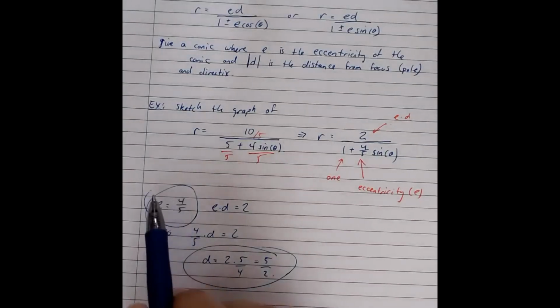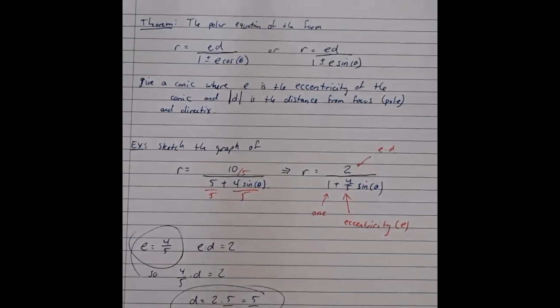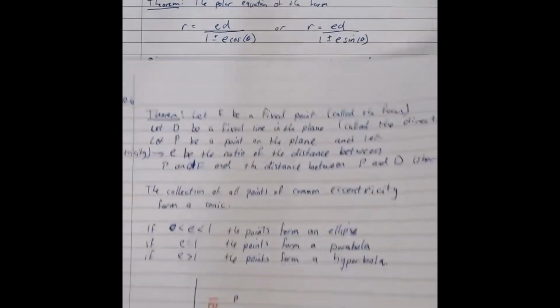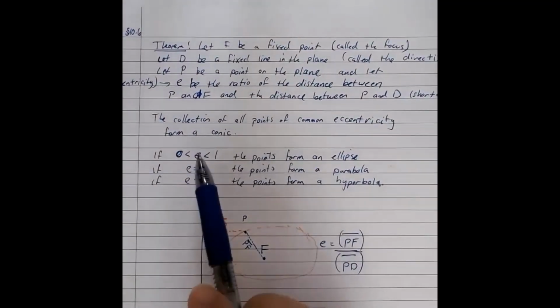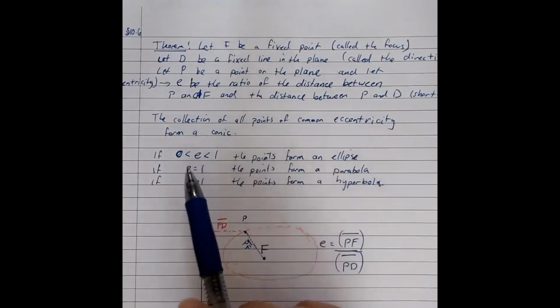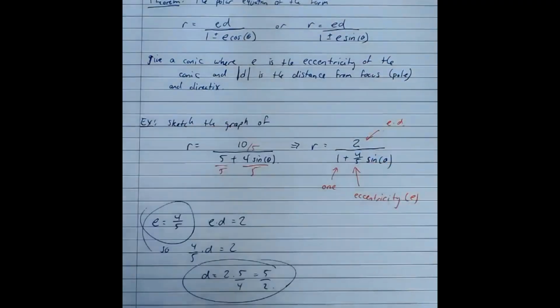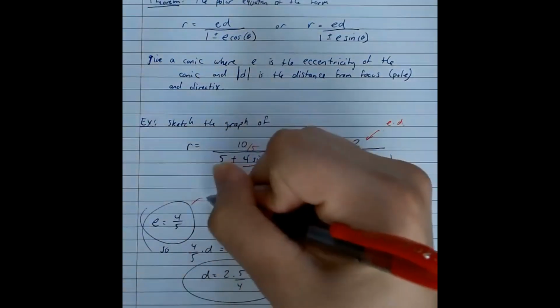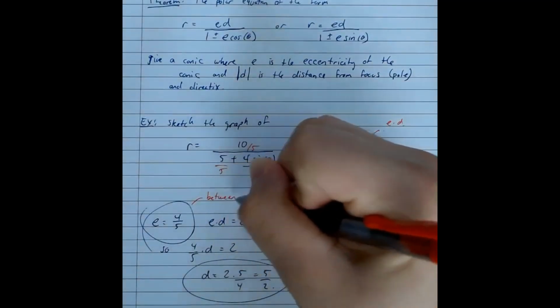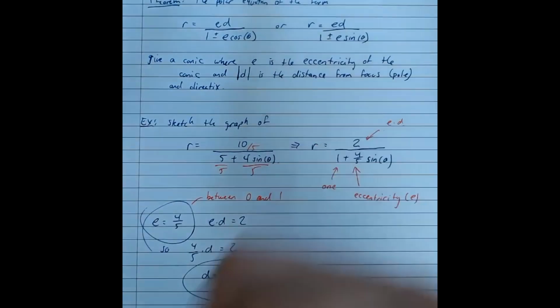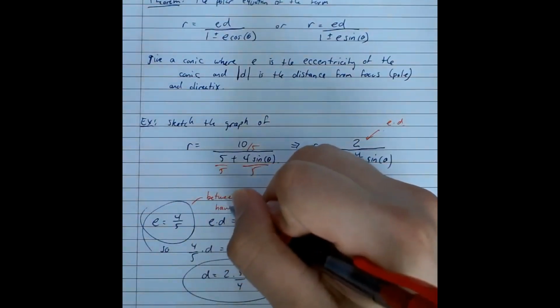Note that by our first theorem, which is going to serve largely as a definition for how our conics develop, if your eccentricity is less than 1 but greater than 0, you form an ellipse. If it's exactly 1, you form a parabola. Anything greater than 1, you form a hyperbola. And here our eccentricity is 4/5, which is most certainly between 0 and 1. So because our eccentricity is between 0 and 1, that means we have an ellipse.